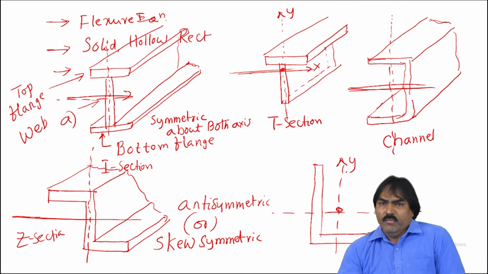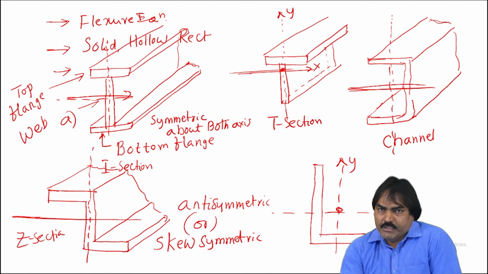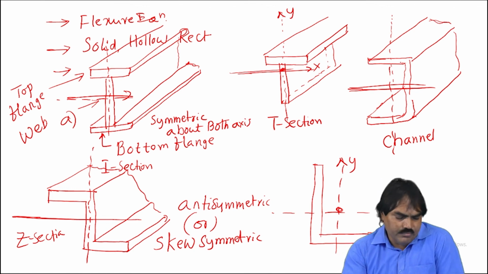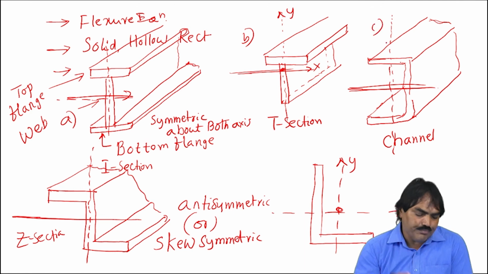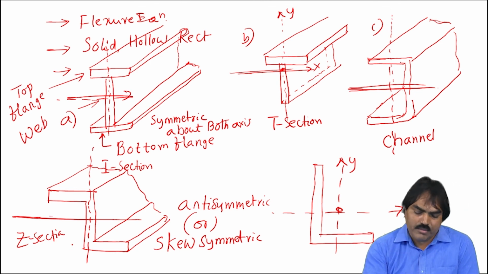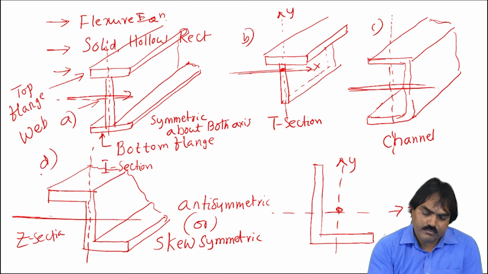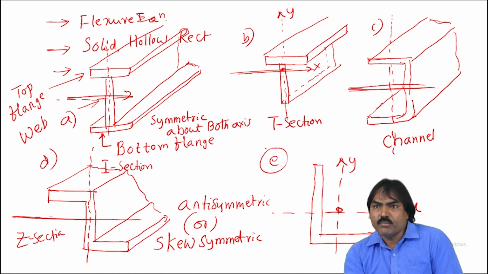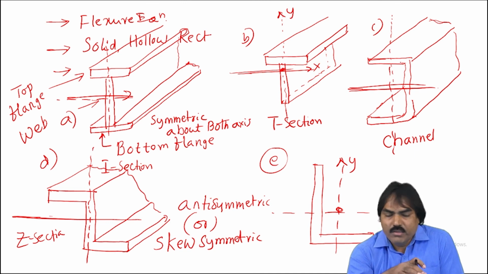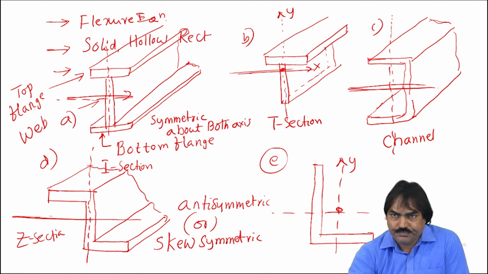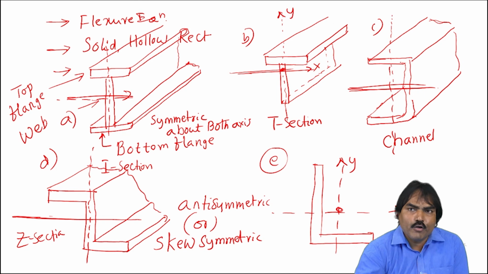In the entire structural mechanics field, in engineering applications, we will come across sections which are symmetric about both axes, sections which are symmetric about the y-axis and unsymmetric about the x-axis, or symmetric about x and unsymmetric about y, or anti-symmetric sections, or unsymmetric about both axes. The only problem with this kind of sections is that you must know how to find the area moment of inertia of that section for the corresponding centroidal axis.